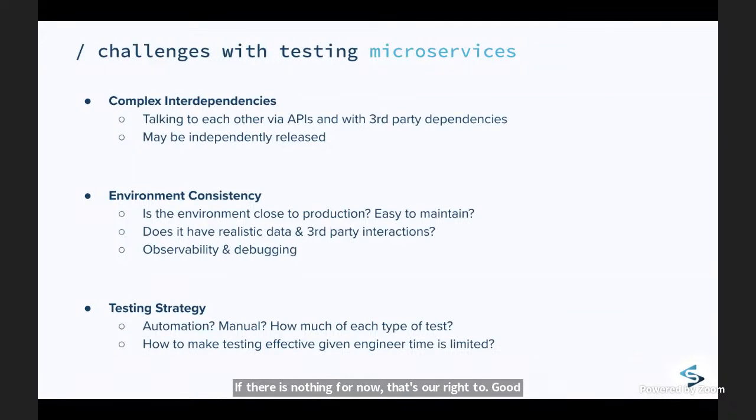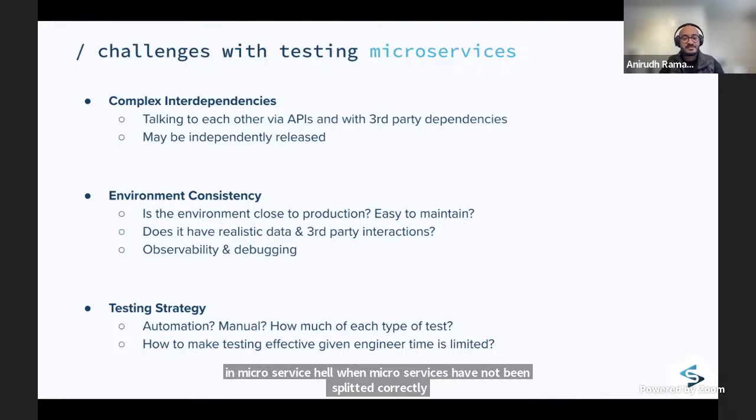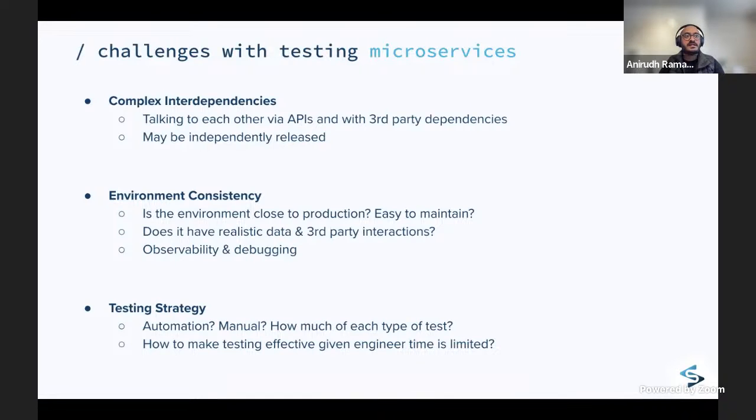Good point from someone: I feel like this is mostly an issue in microservice hell, when microservices have not been split correctly. Okay, that's fair. I think I can address that. There is some truth to that. I think it definitely exacerbates the problem when not following some sort of domain-driven design pattern or something like that.